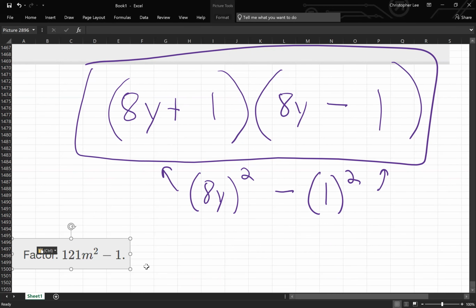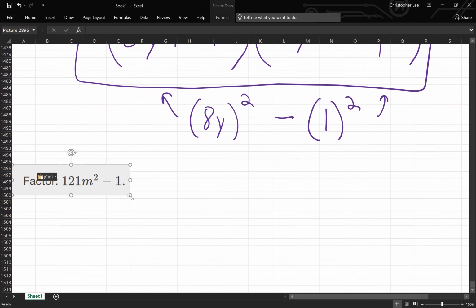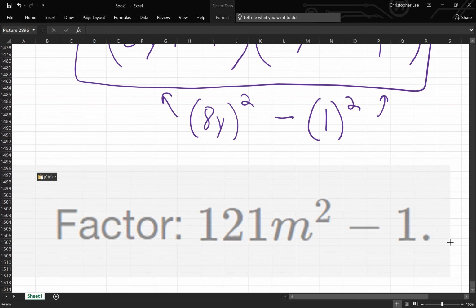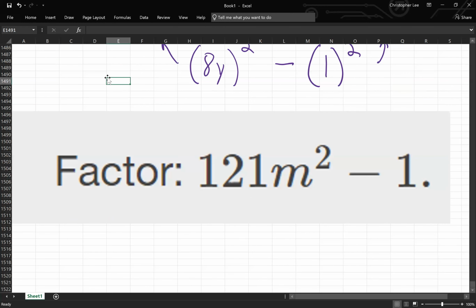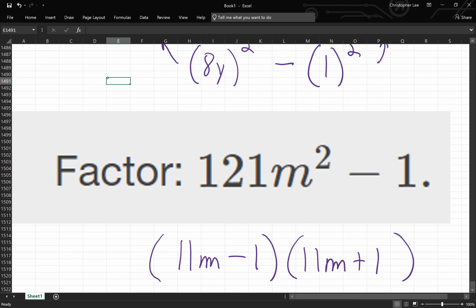You guys try. This one has an M in it. So I heard 11M minus 1. That's a part of it. What's the other answer? Great. It was really good.